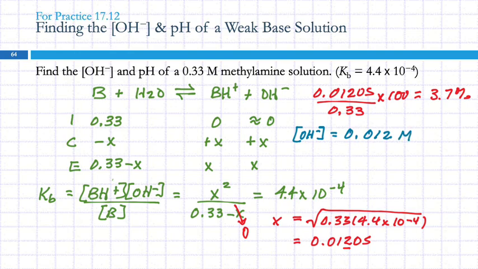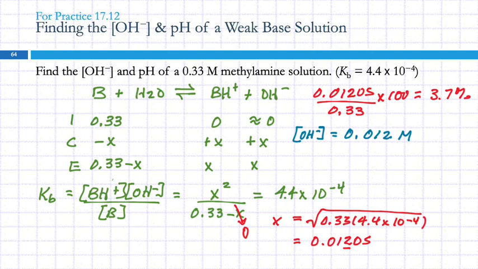But we need the pH. So we can calculate the pH from the pOH. So pOH would be negative log of 0.012. I'm going to go ahead and throw in the 0.5.